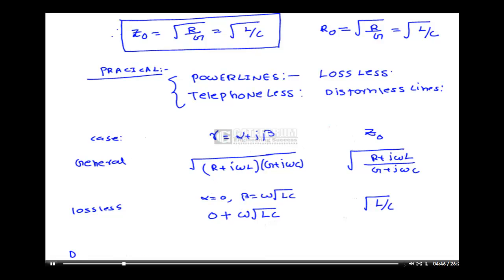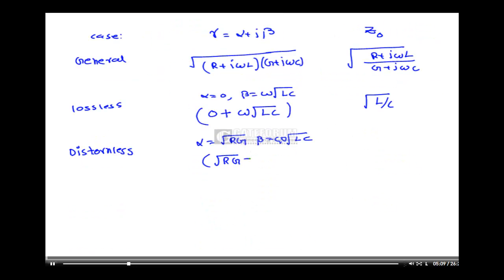Similarly, for a distortionless line, what is alpha? Alpha is equal to the square root of RG. Beta is similar to the lossless line, omega root LC. Therefore, the propagation constant is the square root of RG plus j omega root LC.